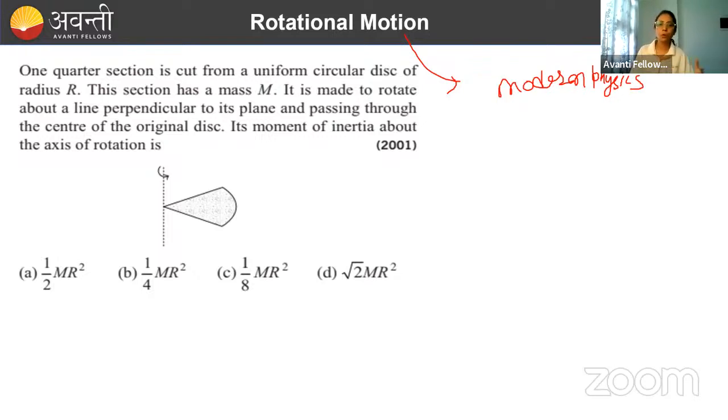Just to take you through all the concepts, because modern physics needs a lot of memorizing. So I just want your revision to be done. The first class will contain some 20 or 25 or 30 questions, so I will need your energy to be very good, so that we can actually finish 30 questions in 1.5 hours.